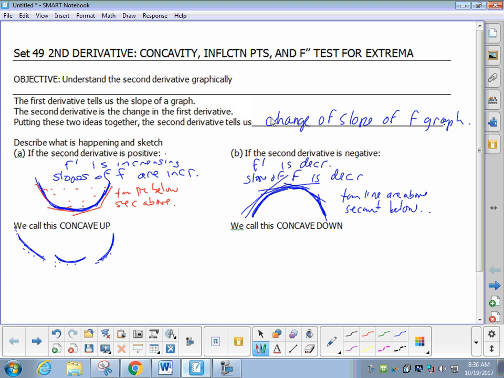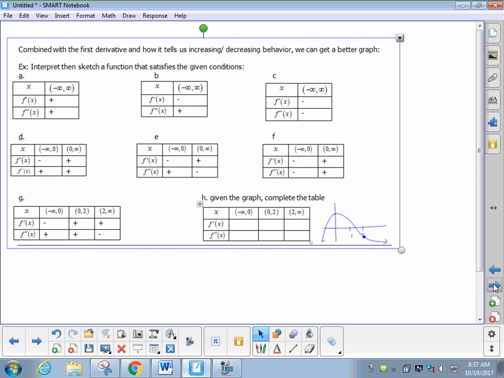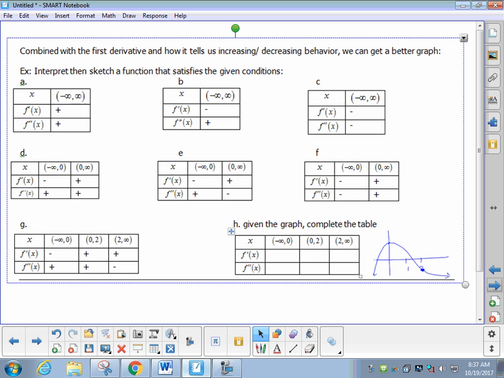Again, it doesn't have to have the whole shape of this to have concavity. For example, if I gave you negative e to the x, the graph would look like this. And is that concave up or down? Concave down, yeah.